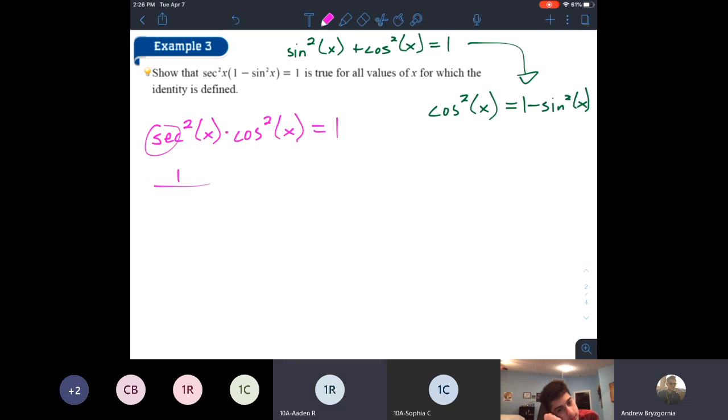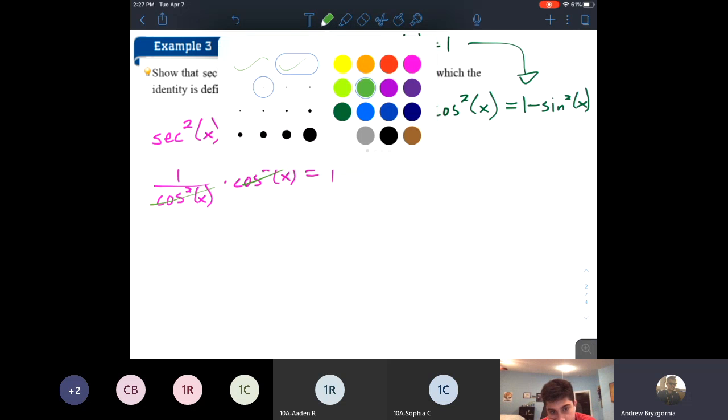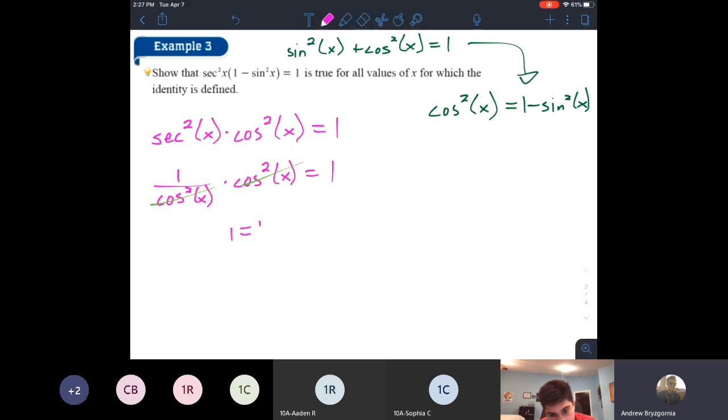Remember, secant doesn't have a co in it, so the thing that it's a reciprocal of must have the co. So we can turn secant squared into 1 over cosine squared. And that fraction then can multiply with cosine squared. Those are going to cancel, and we're left with 1 equals 1. And there we go. We proved that that equation must be true.